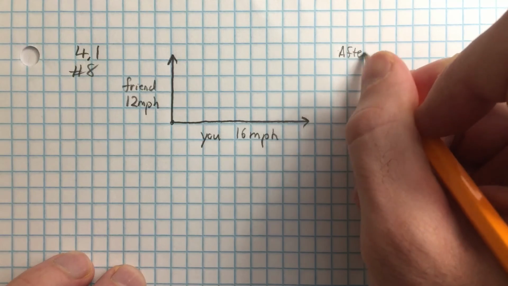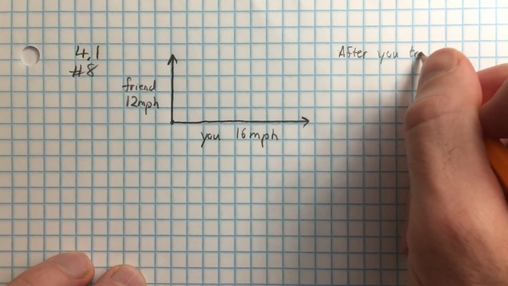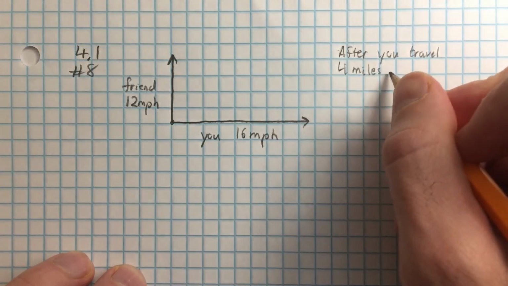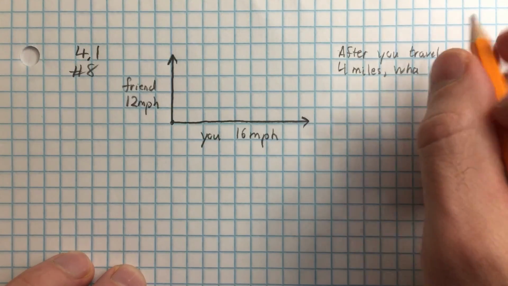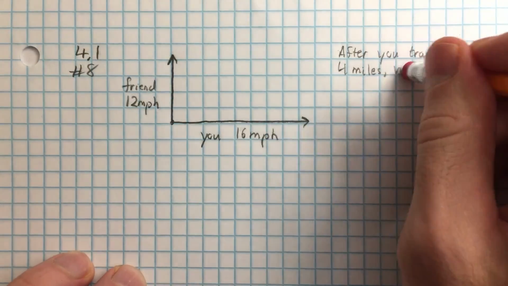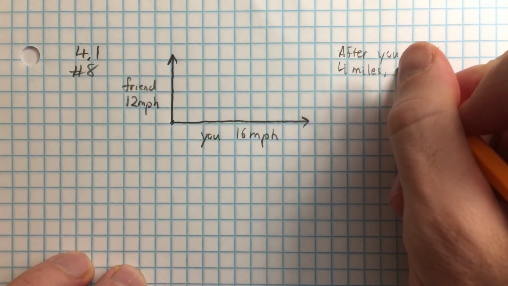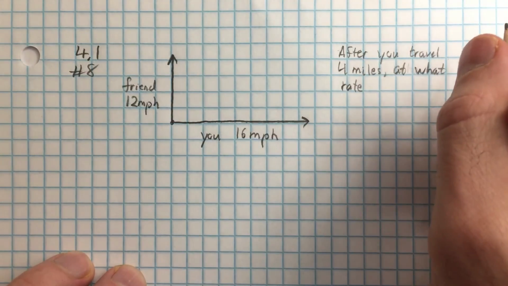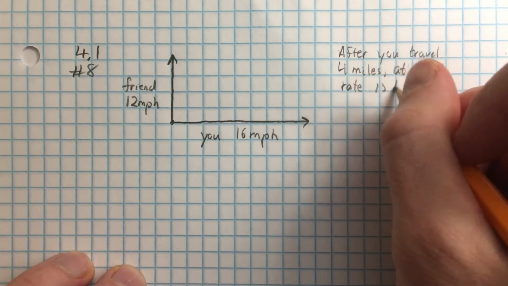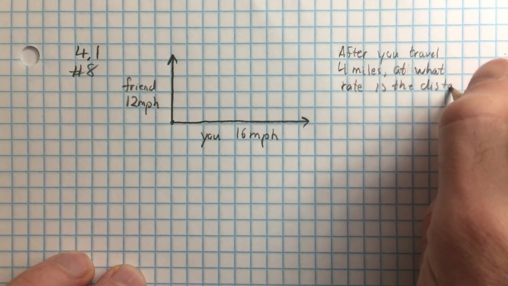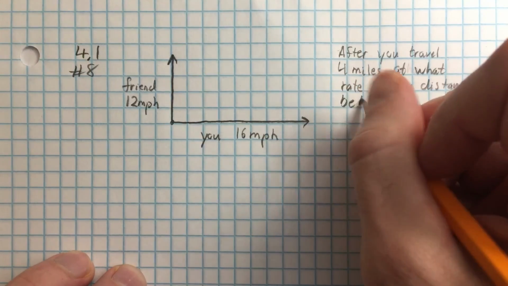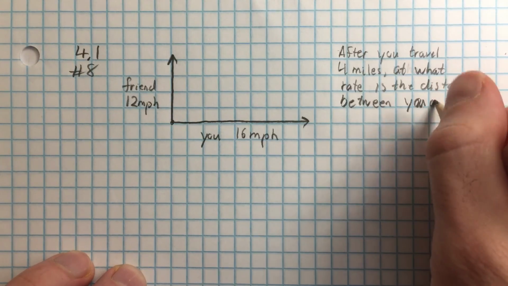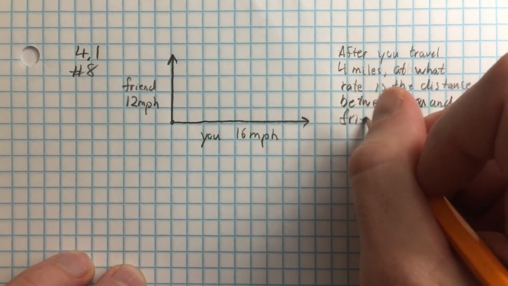Specifically, after you travel 4 miles, at what rate is the distance between you and friend changing?